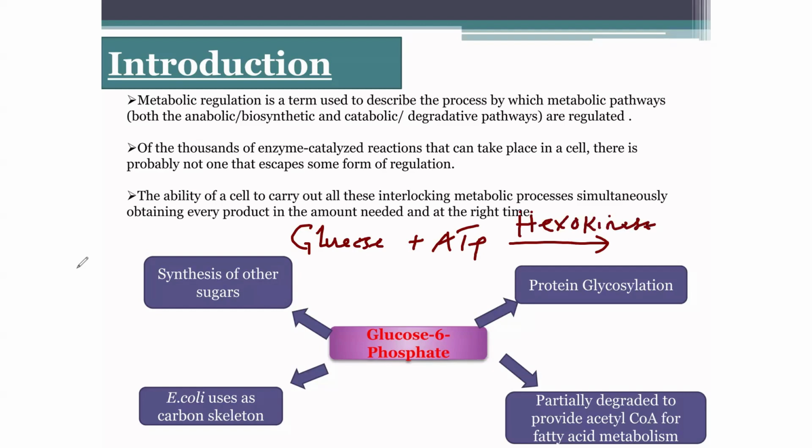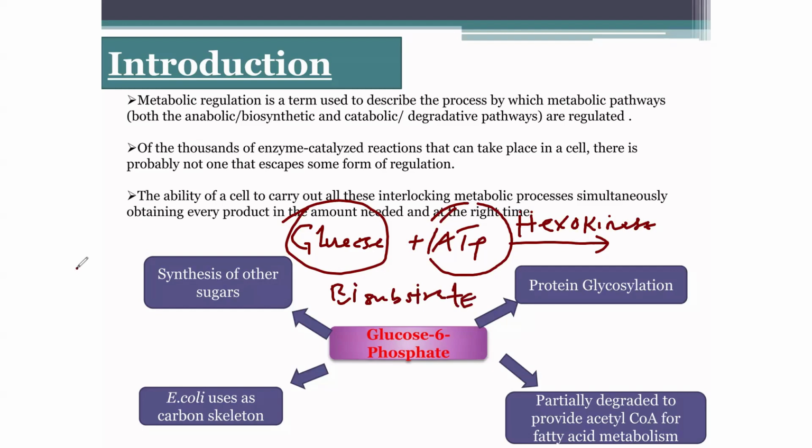In the presence of hexokinase, glucose plus ATP, this enzyme, hexokinase, is using two substrates, glucose and ATP. These types of reactions we call bi-substrate reactions, because we have two substrates.